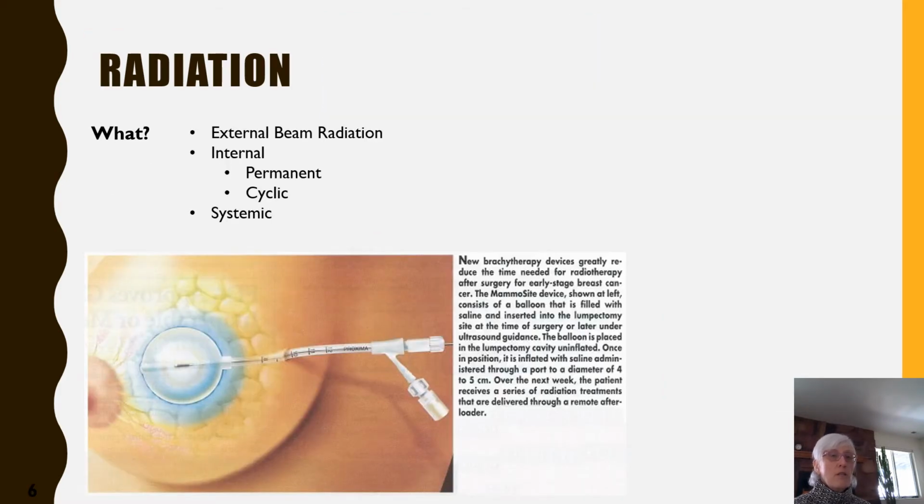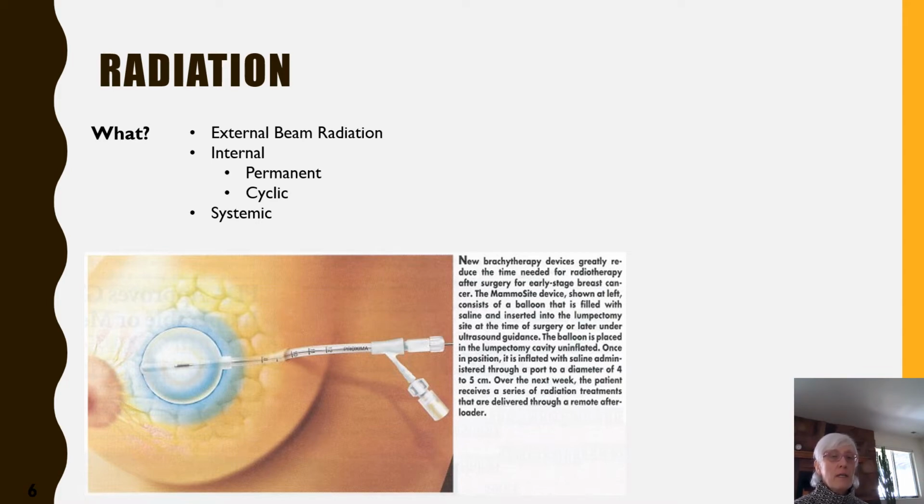This is an image showing the cyclic brachytherapy, that internal radiation treatment, and this would be treatment for breast cancer following removal of a lump by a lumpectomy, or following a biopsy.